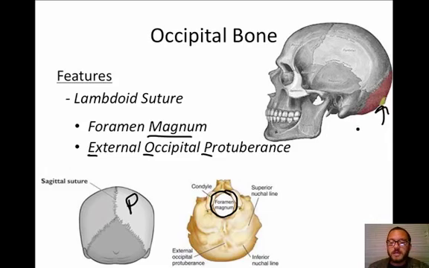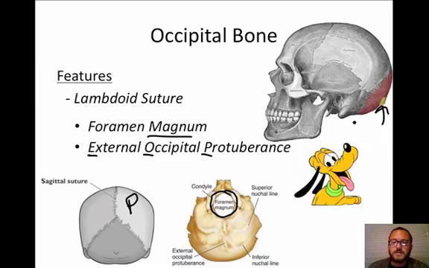There's a famous external occipital protuberance. You maybe have seen this character right there. Cute Pluto has this gigantic bump on the back of his head. If you ever scratched your dog between the ears, you might feel that bump. So it's a big bump on the back of your head, the external occipital protuberance. You can see it down there on that one as well. Here it is as well on that model there.